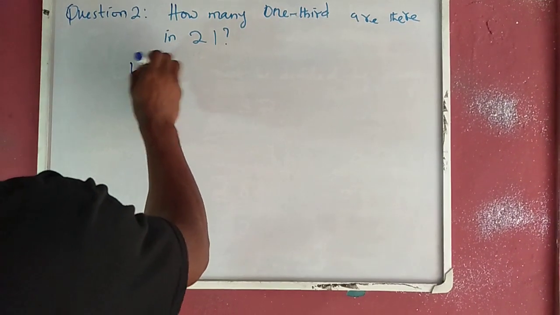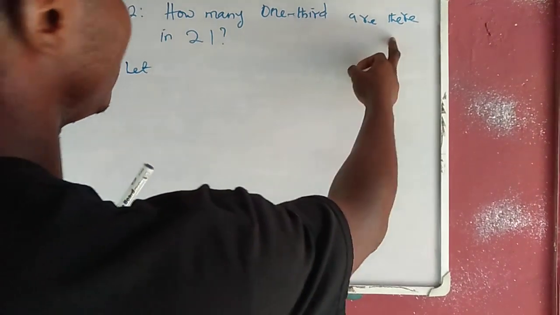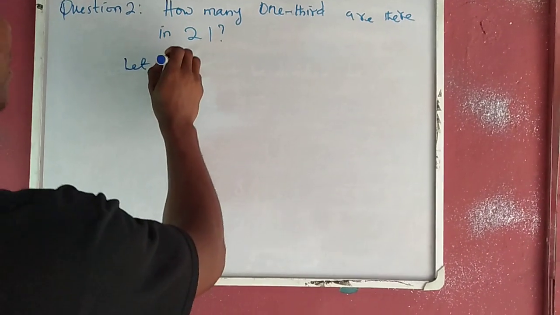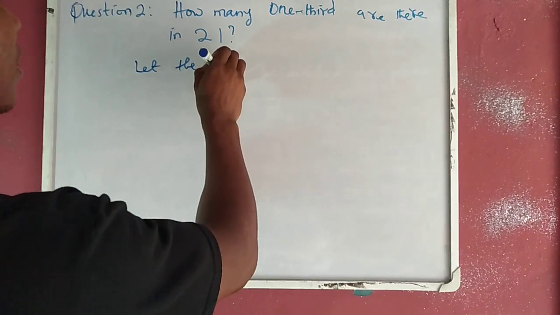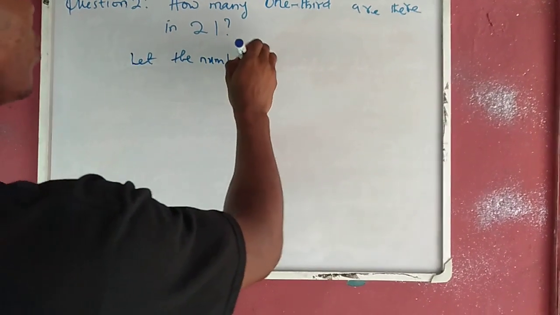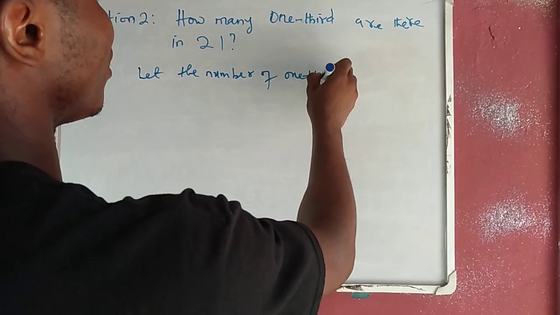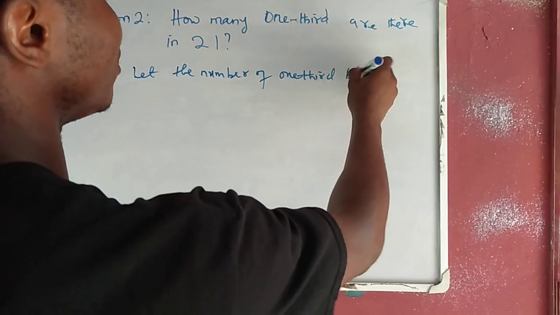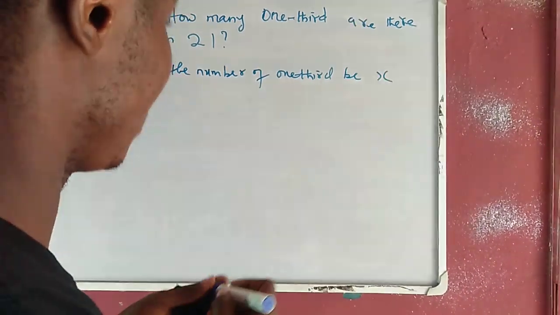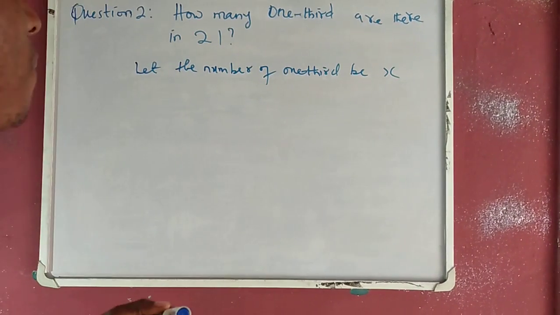since you don't know the number of one third that will be in 21, you say let the number of one third be X. Right?